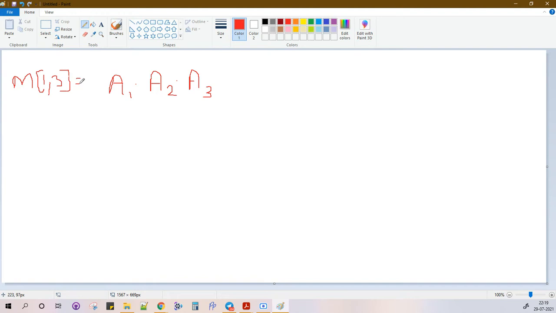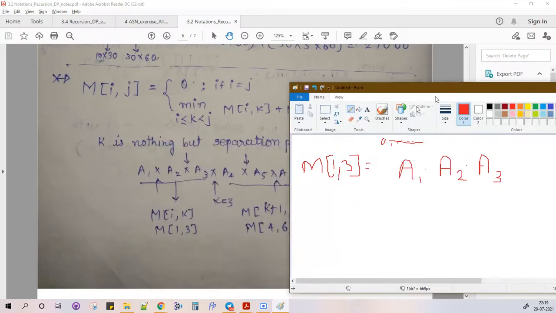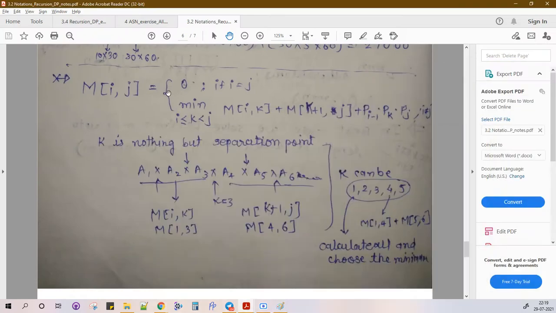I am ignoring the first case, 0 if i equals j. So this is defined as the minimum cost, because we are minimizing the cost, over i less than or equal to k, less than or equal to j. What is k? K is nothing but the separation point. I'm coming to that in a moment. M of i k plus M of k plus 1 j plus P of i minus 1 pk pj.